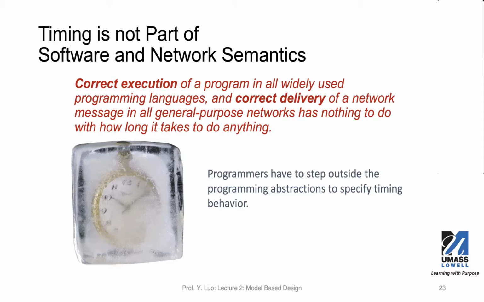This case is very common, and you have to step outside the programming abstraction to specify timing behavior. There are many different ways, and in different applications, you may have to choose different methods. But we're going to talk more about that.